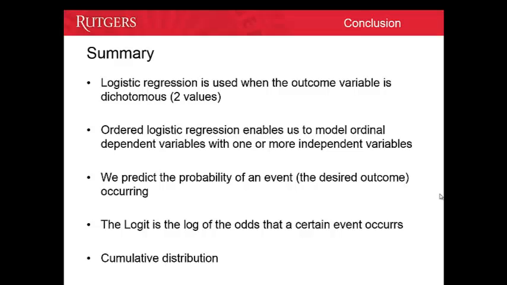In other words, we have more than two values that have a certain order. We also discussed how we use ordered logistic regression to predict the probability of a certain event taking place, and we saw that it has a cumulative distribution.